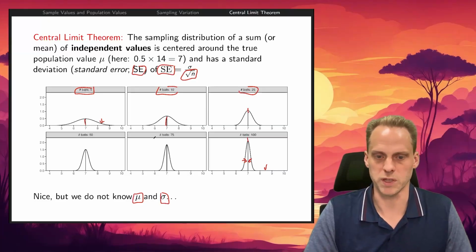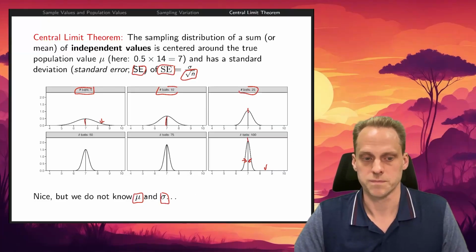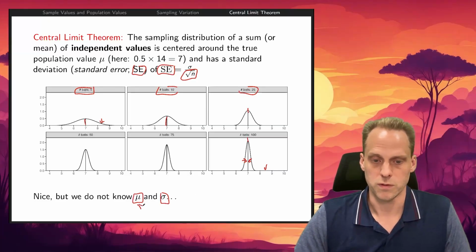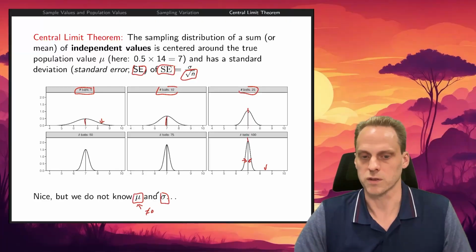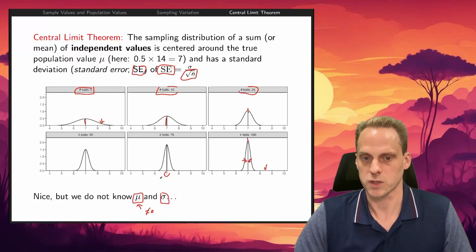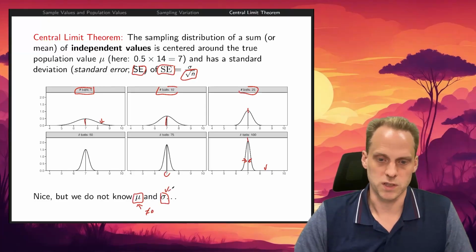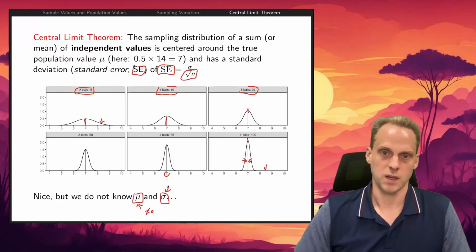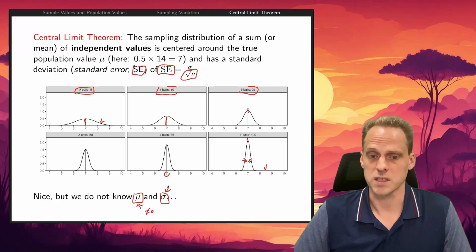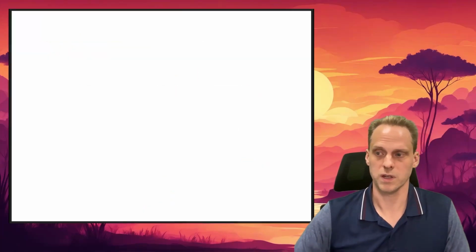This is the distribution of the mean score. We don't know these. Now, often for mu, we don't actually need to know it. We just want to test it's not 0 or it's not something else. Like in this case, we test for 7, for example. Right? But this one is a bit problematic. We don't know it. For this reason, we need to estimate these as well from data, and we need some more advanced inference statistics. All right, that's it for this video.